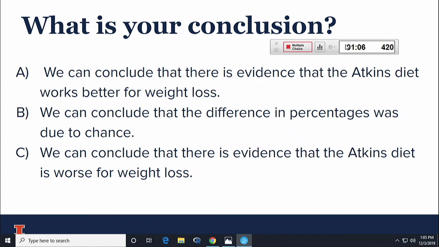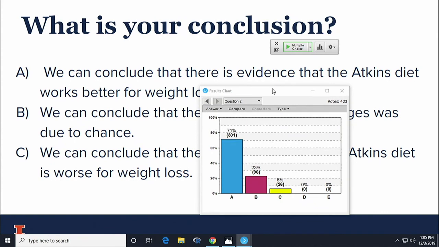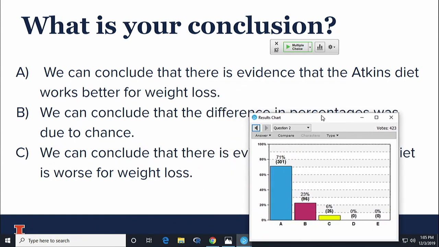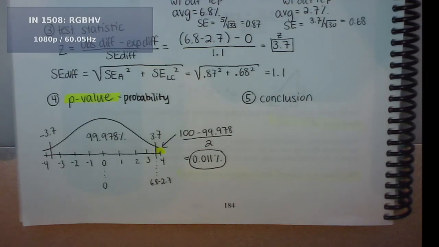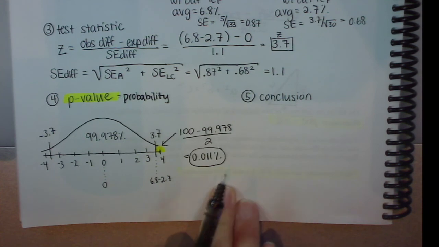All right. Okay, I'm going to stop and see what you guys said. Okay, most people said A. What was A? We can conclude there's evidence that the Atkins diet works better for weight loss. All right, let's check. I think that sounds good. So our p-value, it's a probability, right?